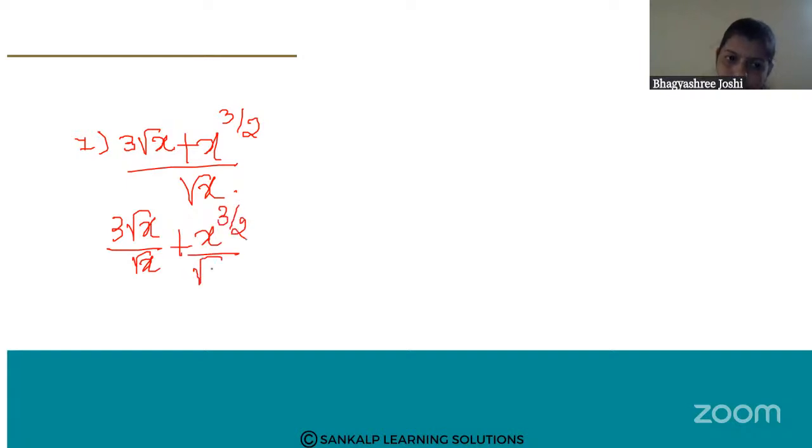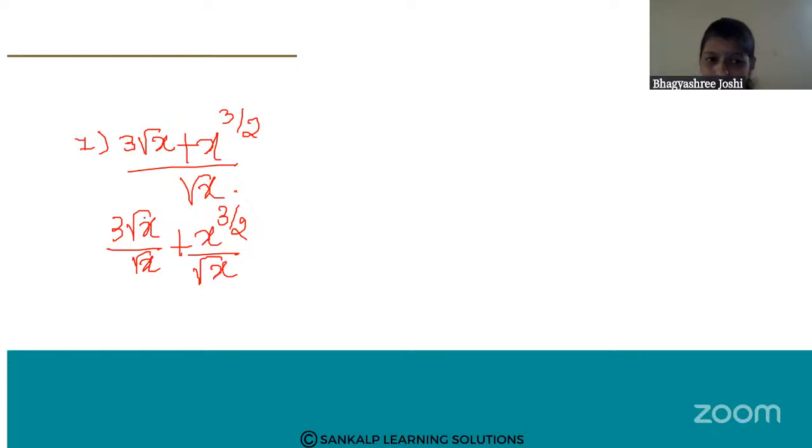3 root x plus x raised to 3 by 2 divided by root x. See, this root x belongs to both the terms. Yes or no? Yes. That is 3 into root x divided by root x plus x raised to 3 by 2 divided by root x. This is one of the interesting questions.